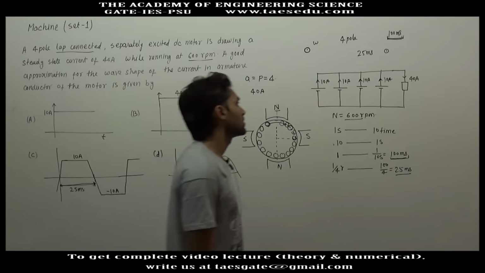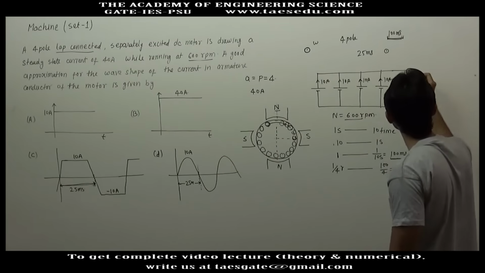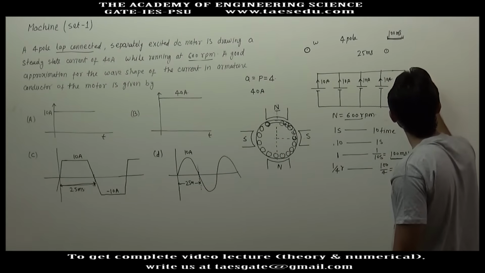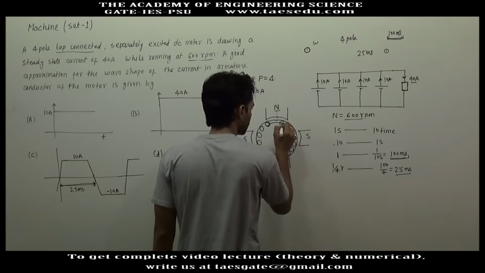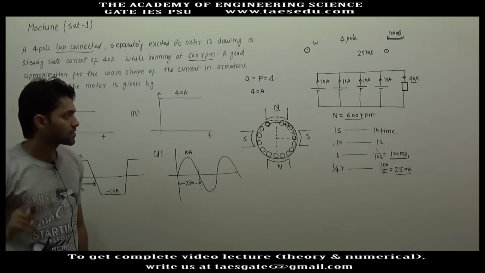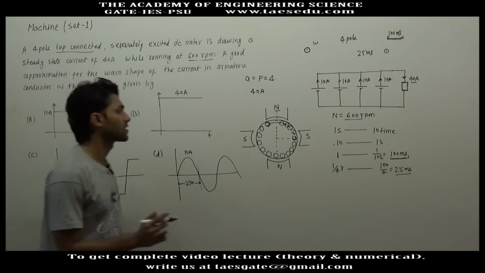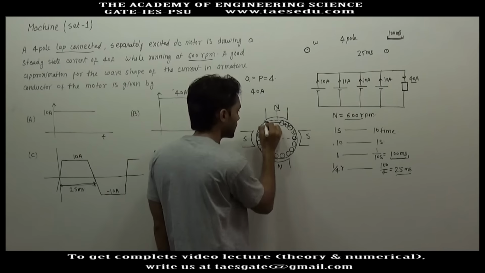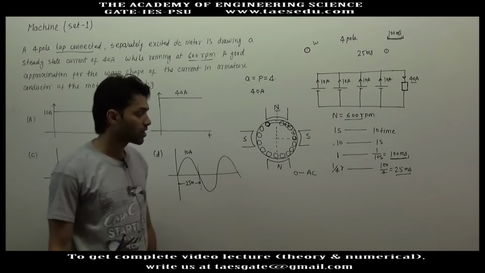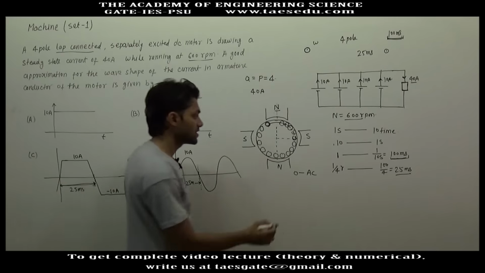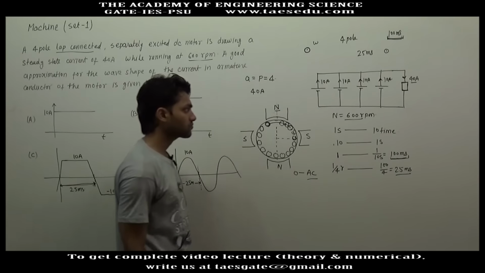A DC machine or a DC generator provides a constant current of 40 ampere to the load, but we know that the voltage generated in a conductor is always AC. The voltage generated in the conductor is AC, but in a DC machine, with the help of commutator and brushes, this AC voltage is rectified to DC voltage.